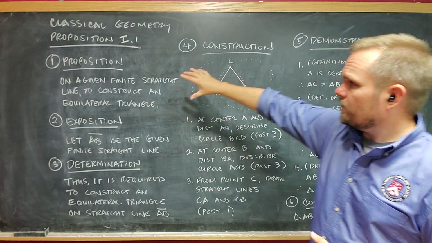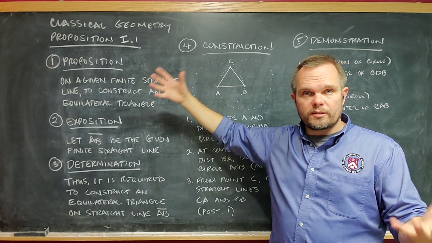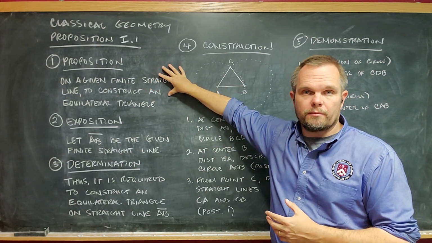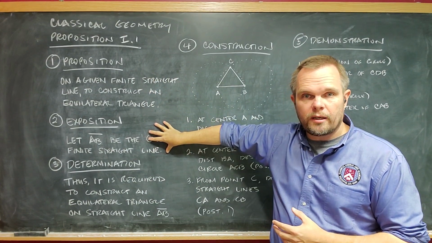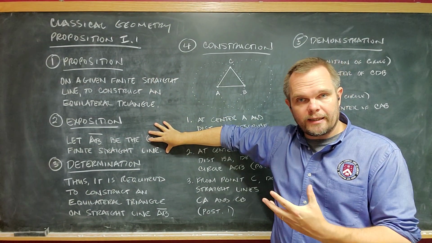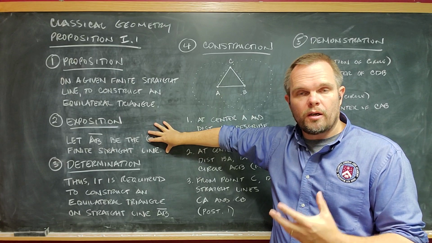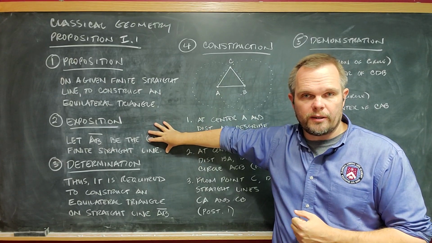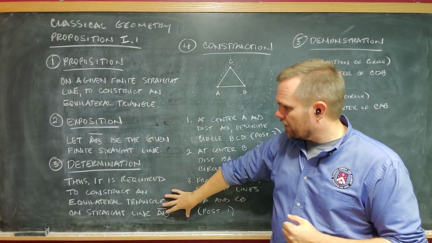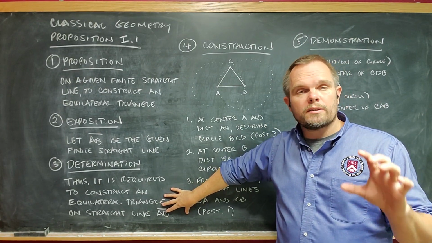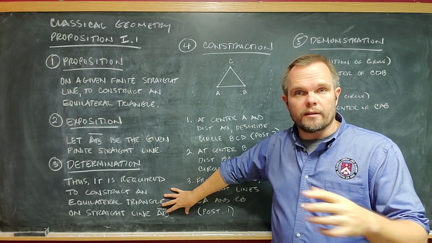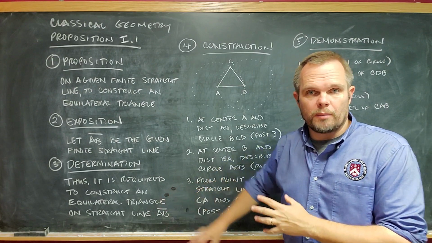So we have our proposition, our general statement of a problem in this case. We then have our more specific exposition, setting out in clearer terms what's been given to us in the proposition. We then have our determination, where we determine what is to be sought or done in this particular proposition.